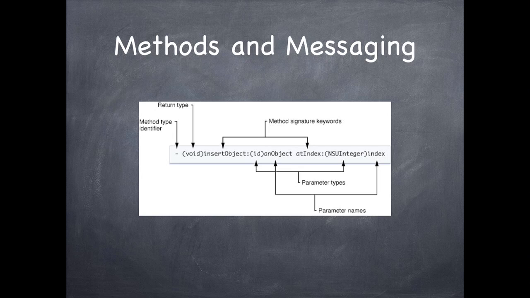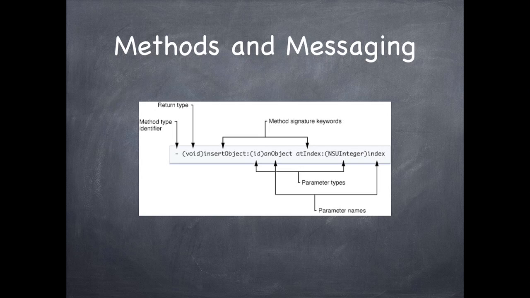Inside the parentheses, after the method type identifier, is the return type. So you could put an NSString there, like from last time. Again, don't forget the pointer idea here. We'll go back there later when I show you how to create the files themselves and how they look. In this case, it doesn't return anything.